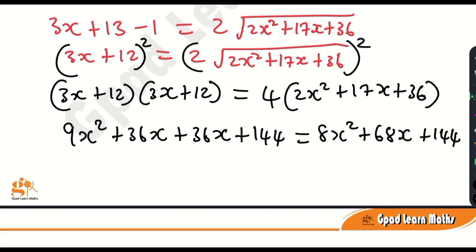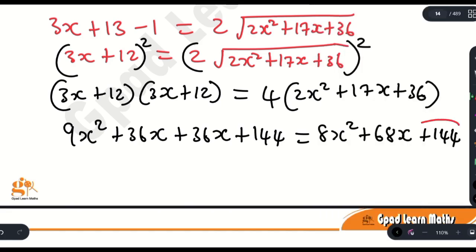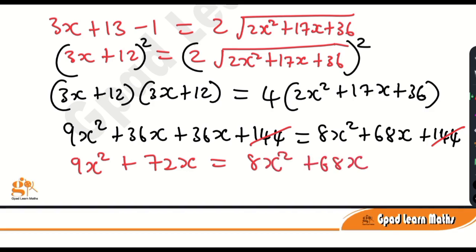Now it's time to simplify all of this. Do you know I can just quickly cancel out some of it? If you move plus 144 to the left hand side, you have minus 144. And these two will just cancel out when you have 144 minus 144. So when we have identical terms, let's just remove them. Okay. If you add these two, you will get what? 72x. So you have 9x squared plus 72x is equal to 8x squared plus 68x.